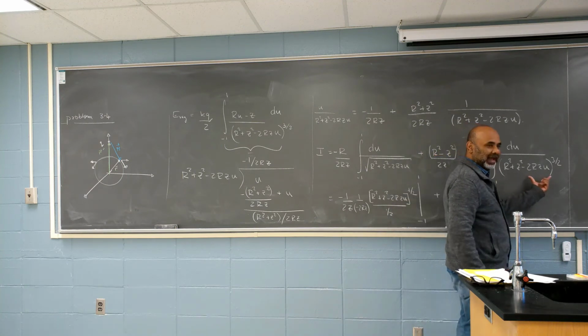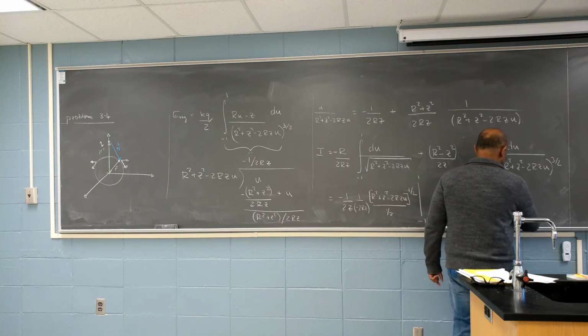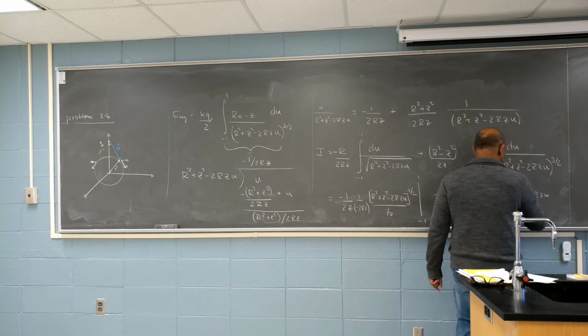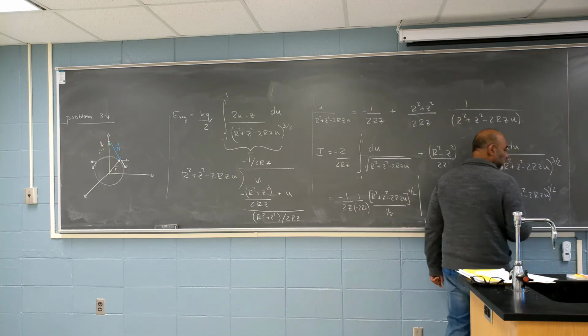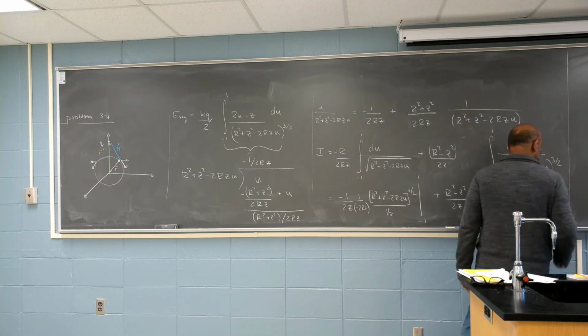This is to the 3/2. So it's going to be r squared plus z squared minus 2rzu to the 1/2, right? Divided by 1/2, going from minus 1 to 1.